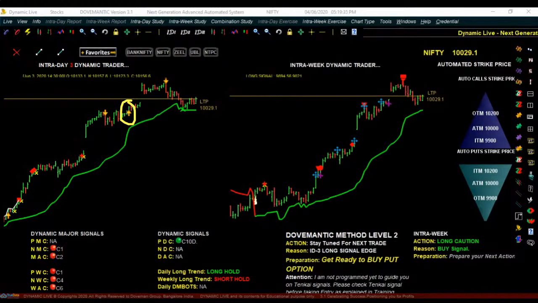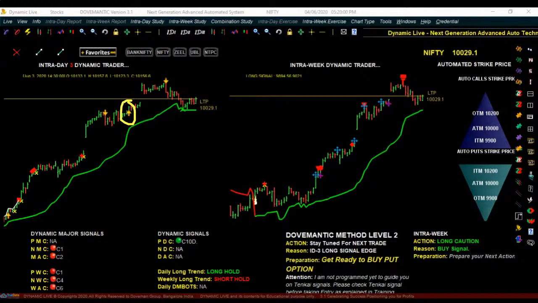So let us assume I have one lakh rupees capital, and if I have to trade now, I will utilize only 10% of this capital. Out of one lakh rupees, 10% is 10,000 rupees. So for a 10,000 rupees allocation, what can I do here? Per lot, if I have to buy this call option at 29 rupees, the requirement is 2,175. So I can buy 4 lots, isn't it?